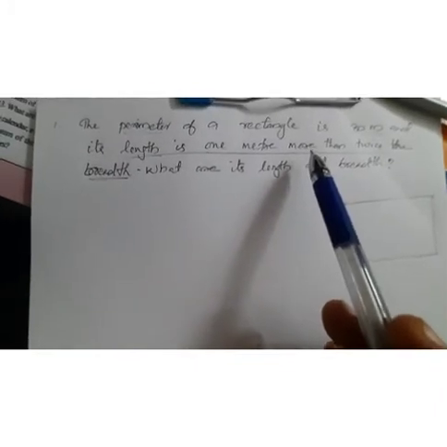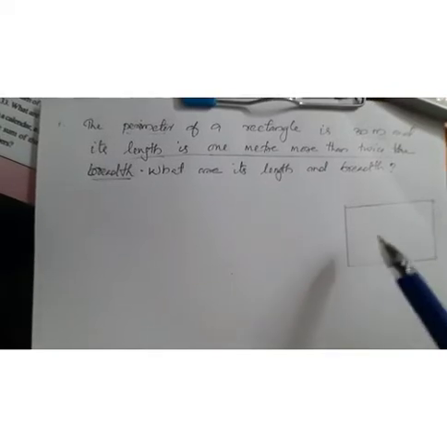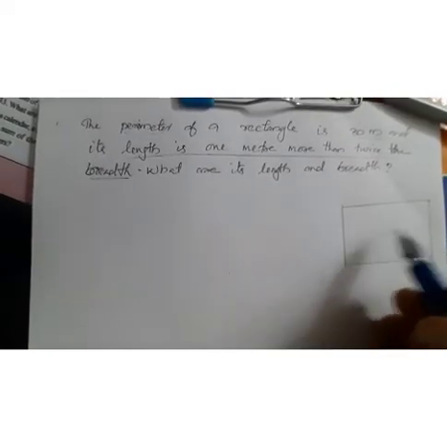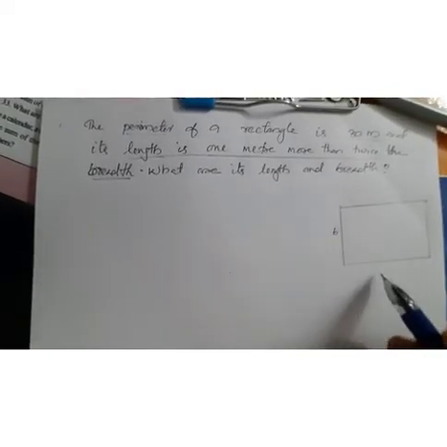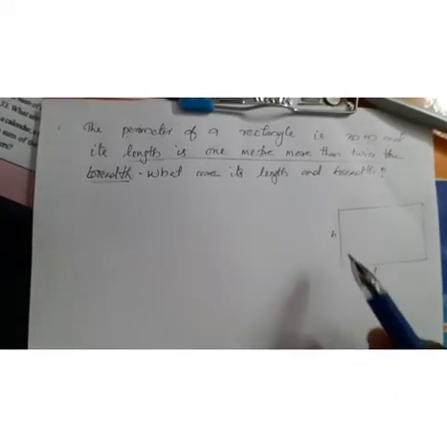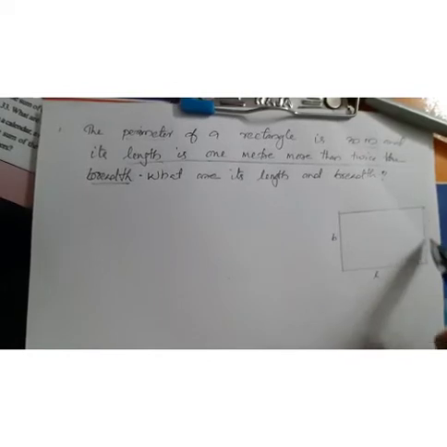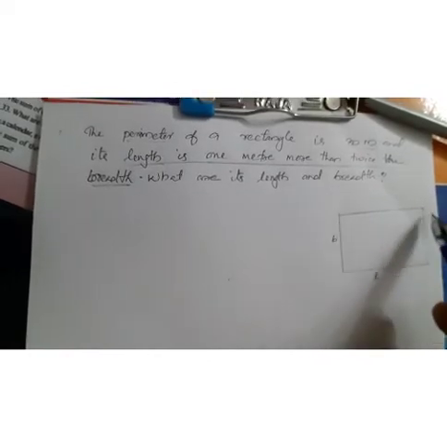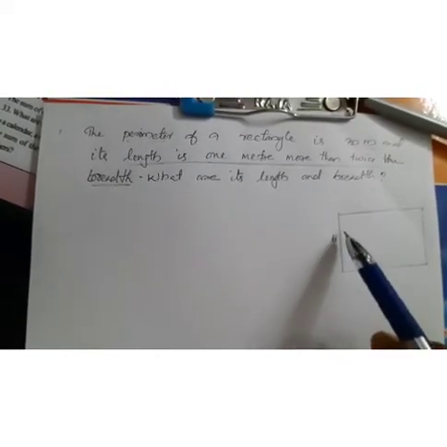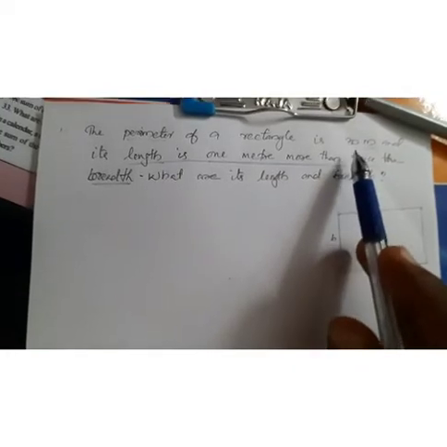You know how to draw a rectangle, and so you can see in a rectangle this is the breadth, this is the length. Then the perimeter is given as 80, means the total length of this rectangle is 80.